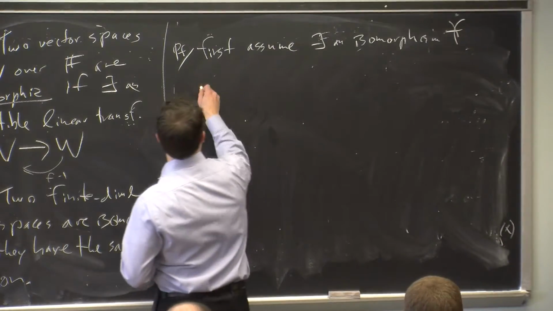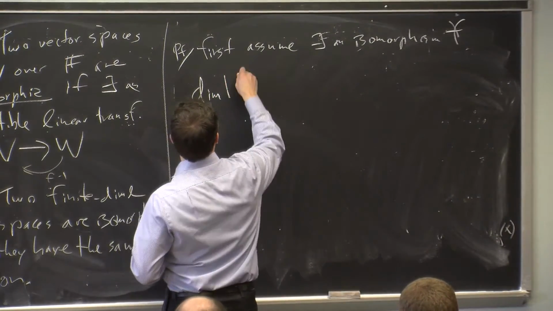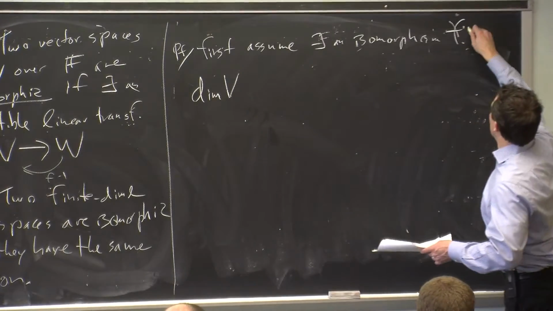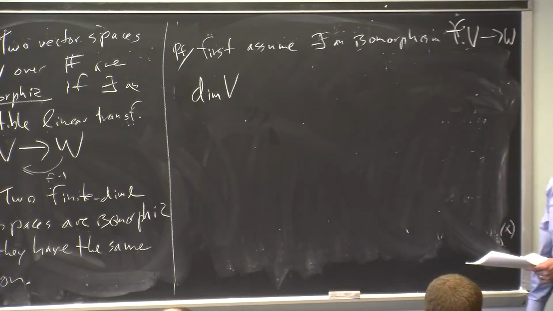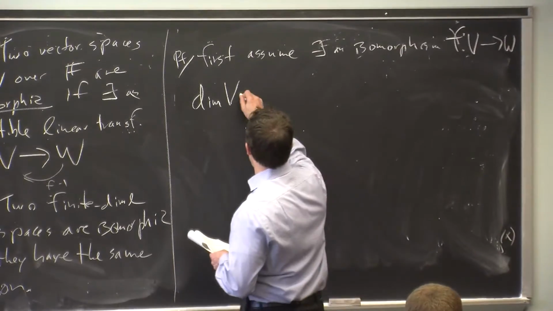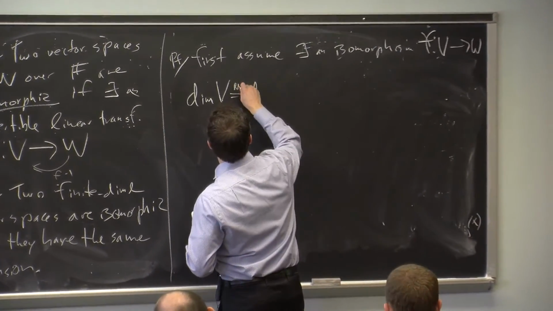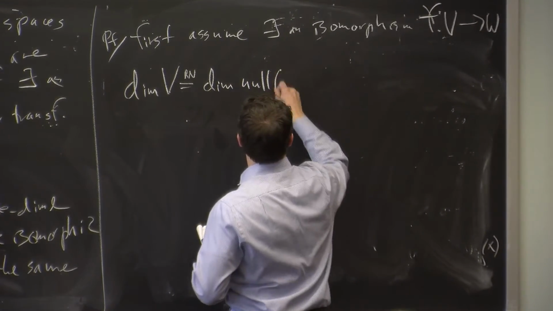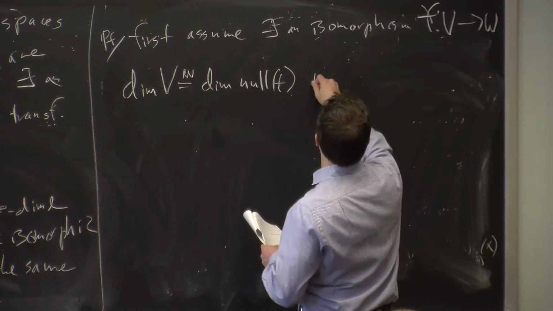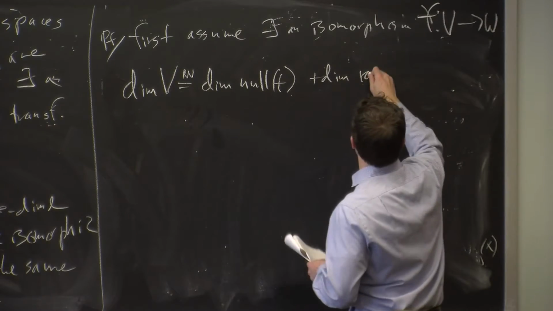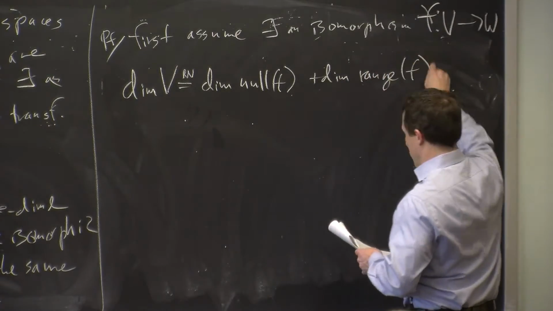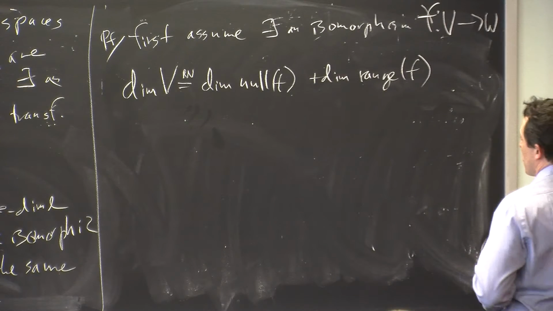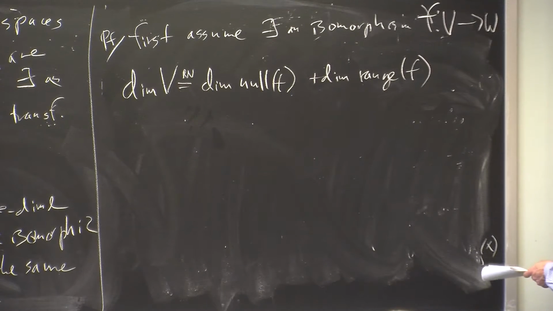So there's an isomorphism between two vector spaces, V and W. By the rank nullity theorem, I can write the dimension of V is equal to the dimension of the null space of F plus the dimension of the range of F. Now an isomorphism is injective and surjective.